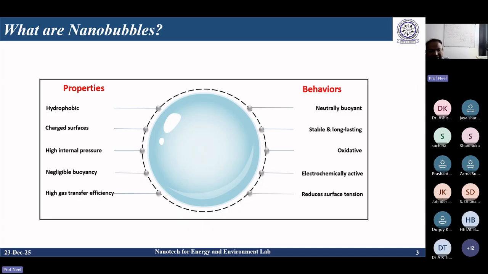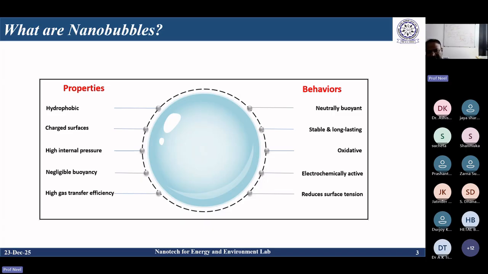Normally, microbubbles and macrobubbles, the bigger bubbles, do not have a stable property. They burst. On the other hand, nanobubbles are stable in nature and they last quite long in the liquid.